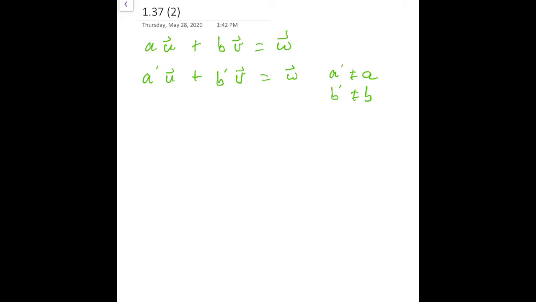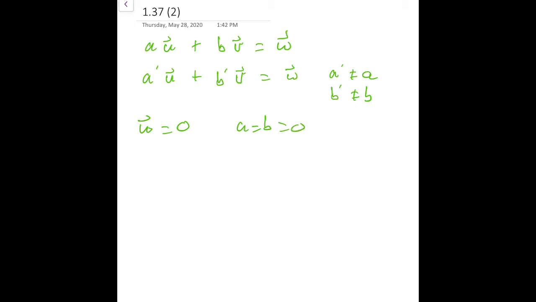So let's think about a special case. Let's think about when W is equal to 0. All right, now one linear combination that would get 0 would be when A and B are both equal to 0.